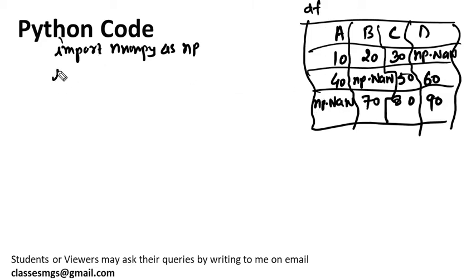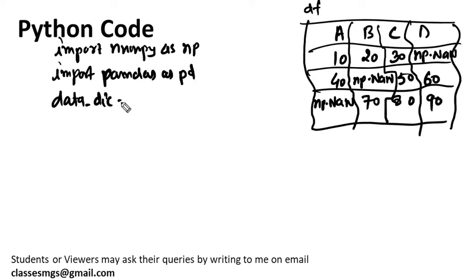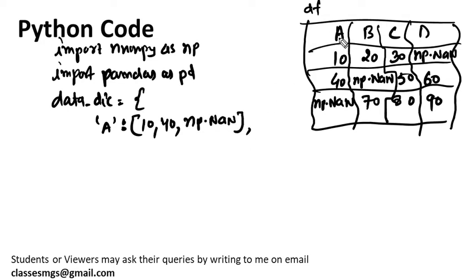So you can use the pandas DataFrame method. You need to import pandas as pd, and then you need to write some data dictionary, a 2D dictionary we are going to create. So you will use the A column, and then you will have 10, 40 and np.nan, because nan is part of the numpy library, that's why you imported np.